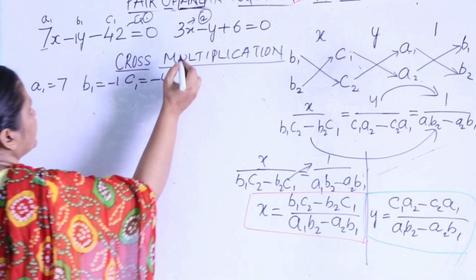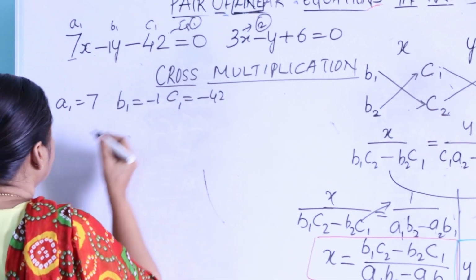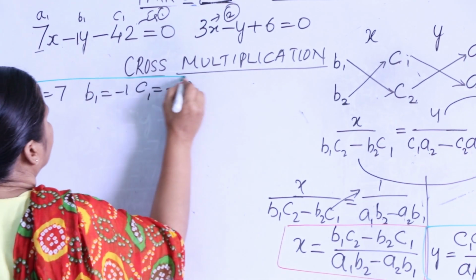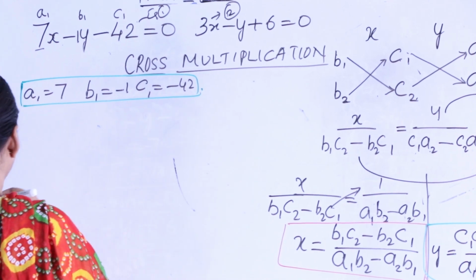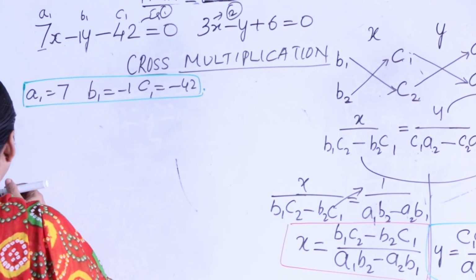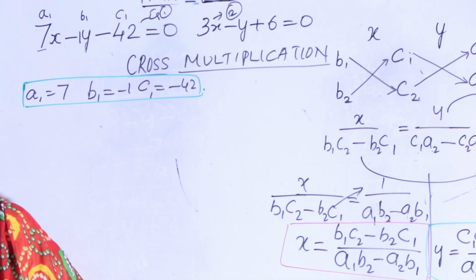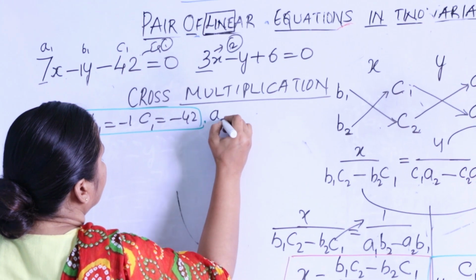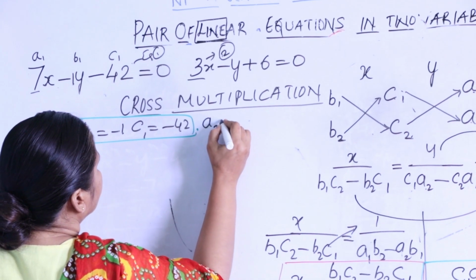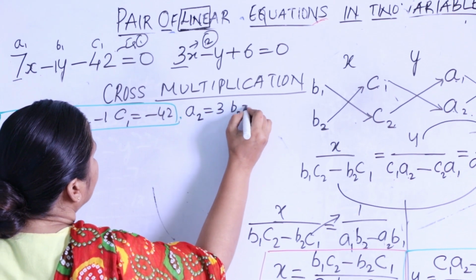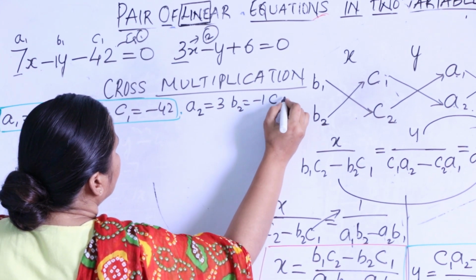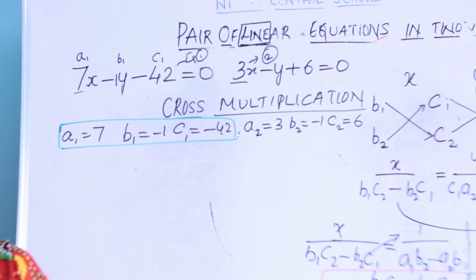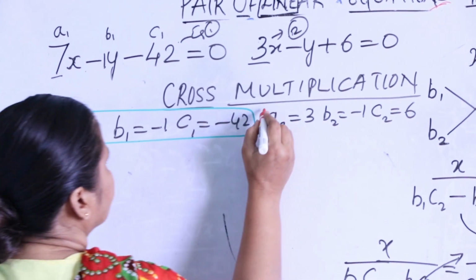This is our first set of values, very important for us. Next, the second set of values: a2 is 3, b2 is minus 1, c2 is plus 6. This is our second set of values.